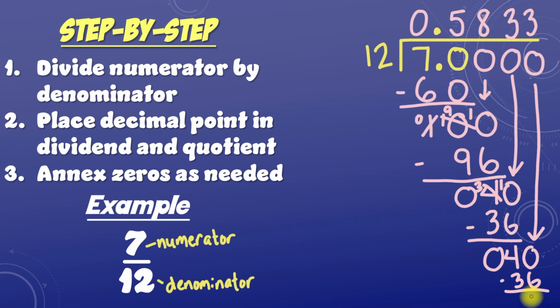When I subtract that, I'll end up getting 4, and that means this is going to repeat over and over again. So we're just going to keep getting 3s forever and ever. So we could say that the fraction 7 over 12 is equivalent to the decimal 0.583 with a repeating 3. Properly read as 583 thousandths where 3 repeats.